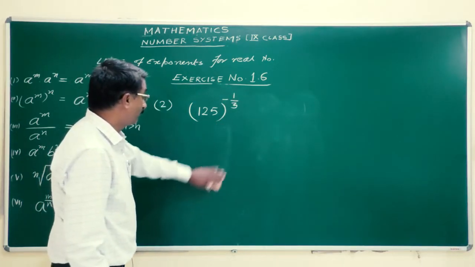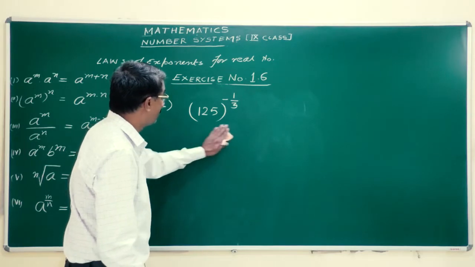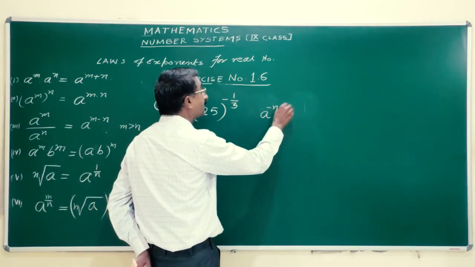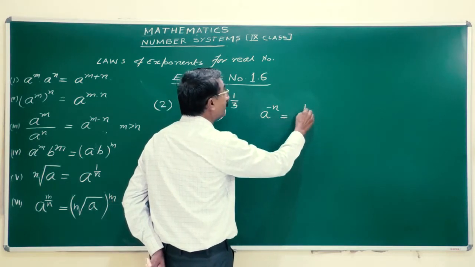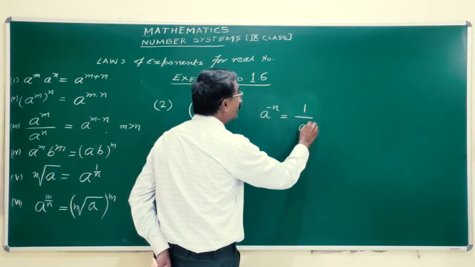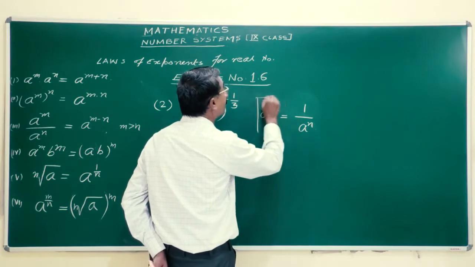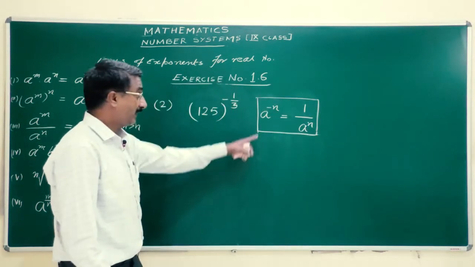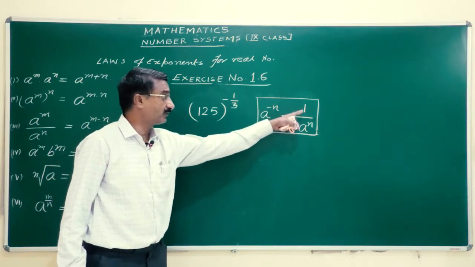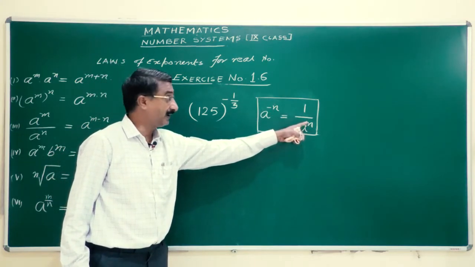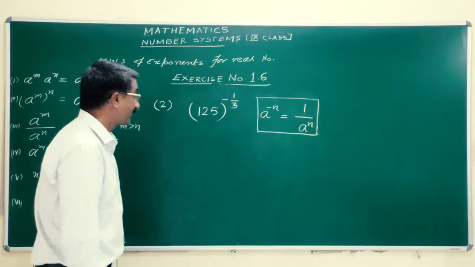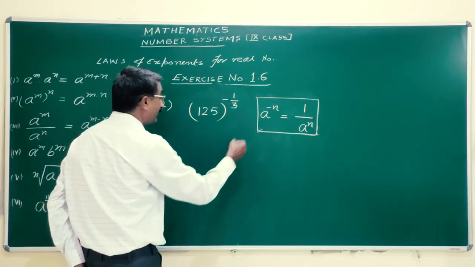Now, you know the minus sign, what does the minus sign indicate? That is, a raised to the power minus n is equal to 1 upon a raised to the power n. The n here becomes positive, but this will go into the denominator. So, this identity we will use.